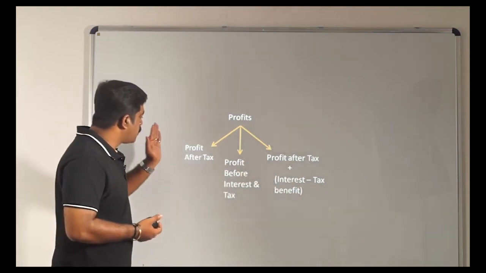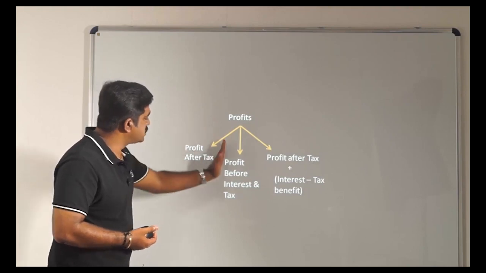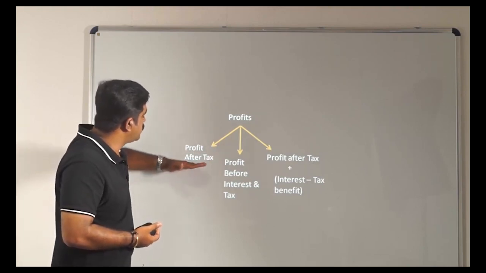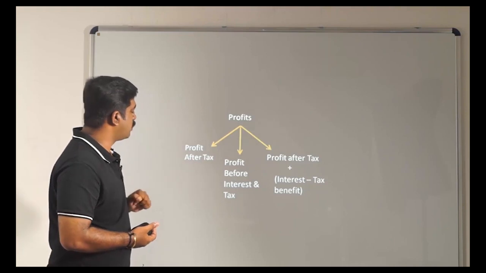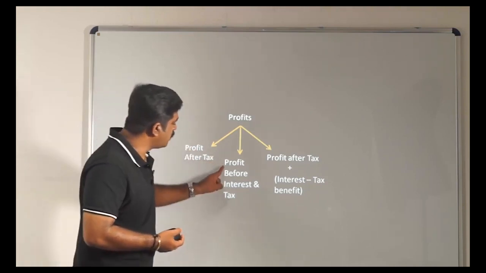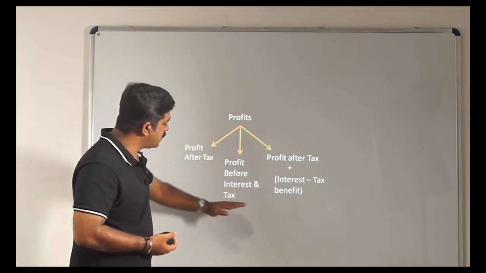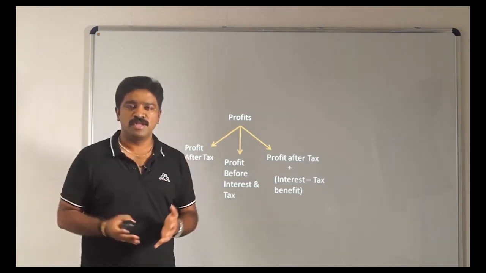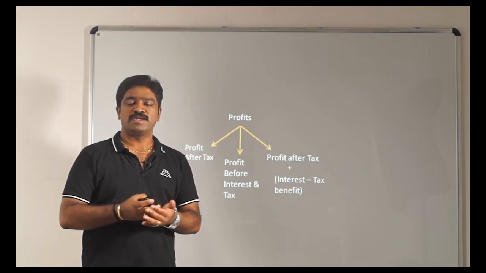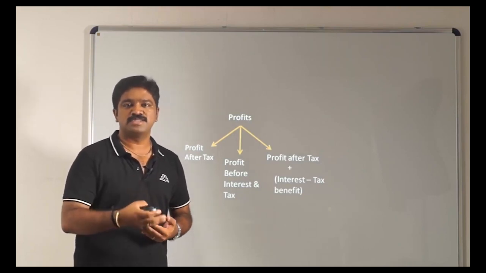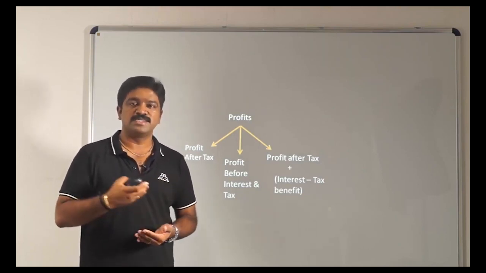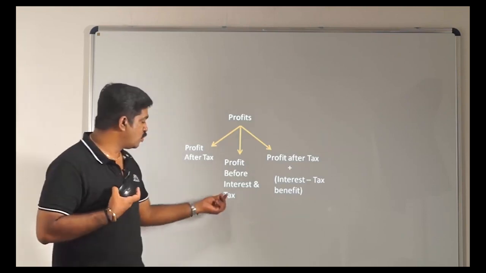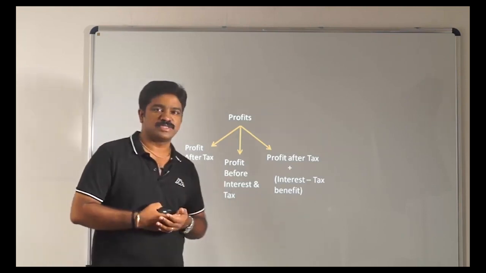Now, profit after tax will be taken as a base only when the return is calculated from shareholders' point of view. Profit before interest and tax will be taken when the return is looked at from the overall investors' point of view, that is both shareholders and lenders, because lenders will be expecting interest, so we are taking profit before interest.